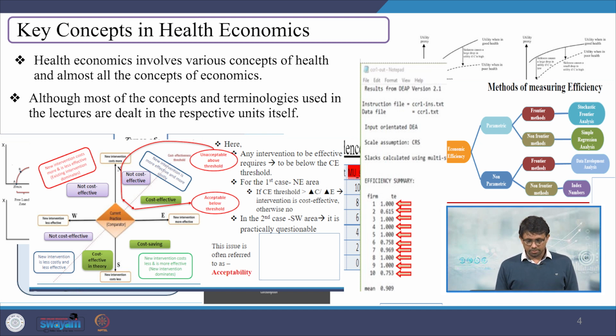You can read through this diagram; there are situations clarifying whether we should go for a more cost-effective or less effective model, or go for any new intervention or not, and how far it is useful.